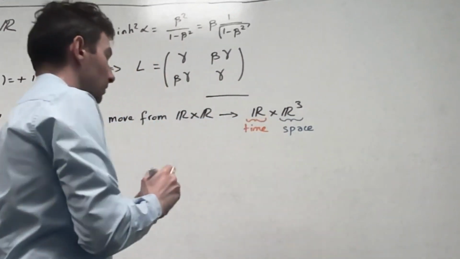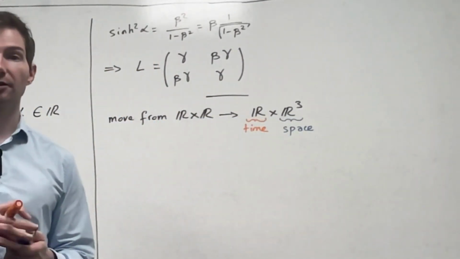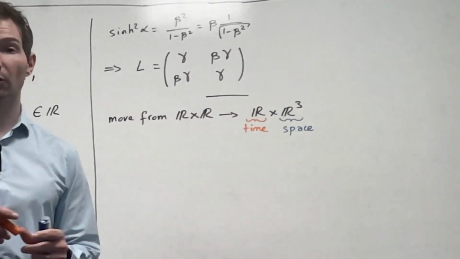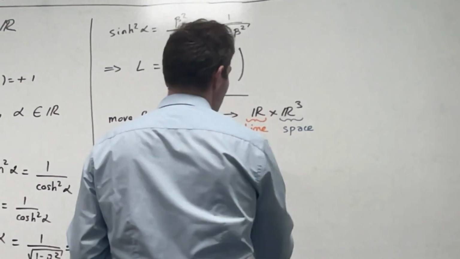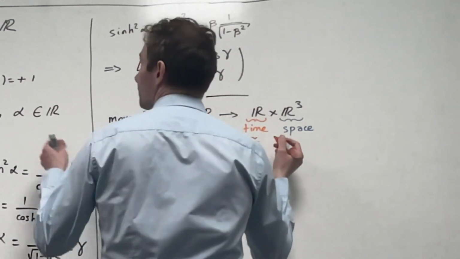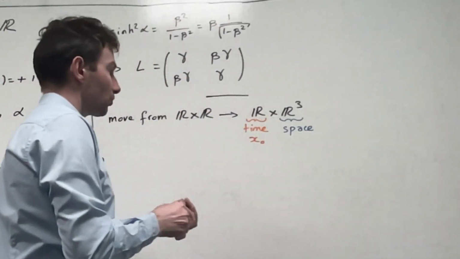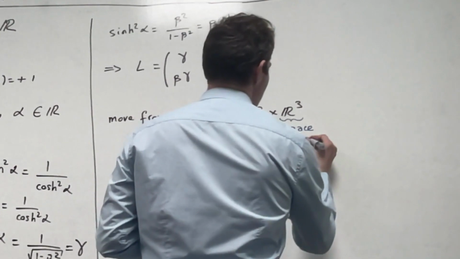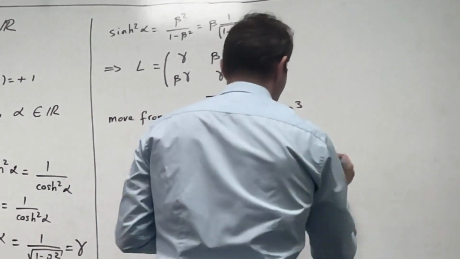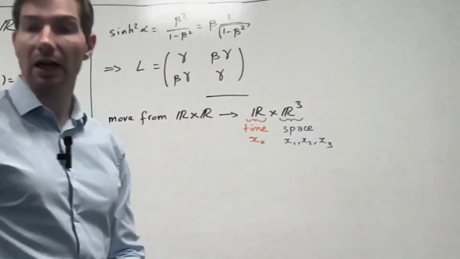Now, because you want them to have the same kind of coordinates, you may want to use x naught if you want. For the time being, I'm going to keep the same as this. I don't need necessarily for now to use any different kind of things. So here that's going to be x1, x2, and x3. You can think of them as being x, y, and z.